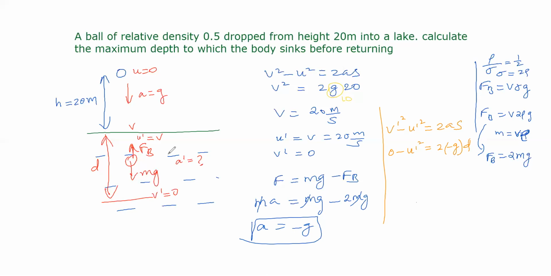Here u dash is 20, so 20 square is equal to 2 into 10 into d. The 2 into 10 is 20, and the 20 cancels, so d is equal to 20 meter. That means the ball we dropped moves 20 meter deep before coming to rest.